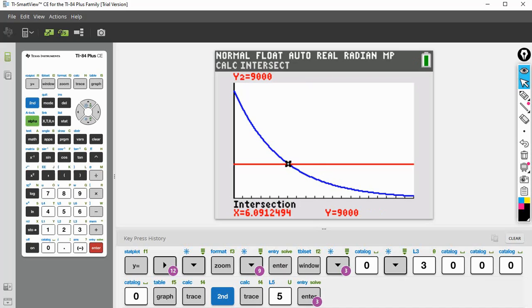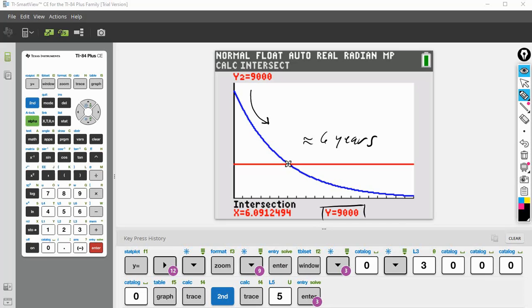So notice that the vehicle is depreciating in value. You can see that because the graph is going down, and this blue graph represents the value of the car in the y-axis, and the x-axis represents time. So that means that after about 6 years, so you would answer that approximately 6 years. After 6 years, the car is going to be worth 9,000 euros. And that would answer part C.